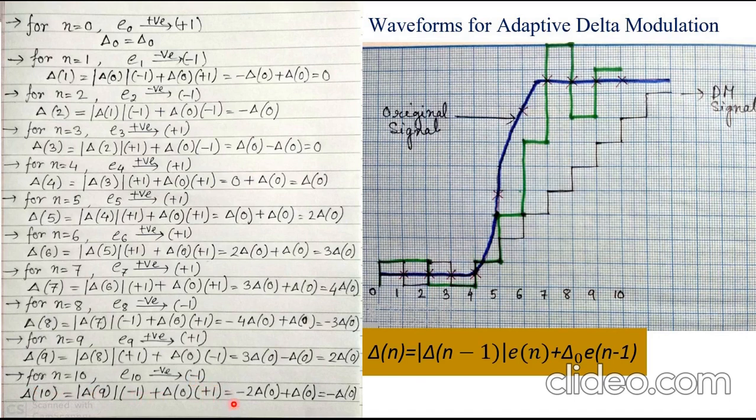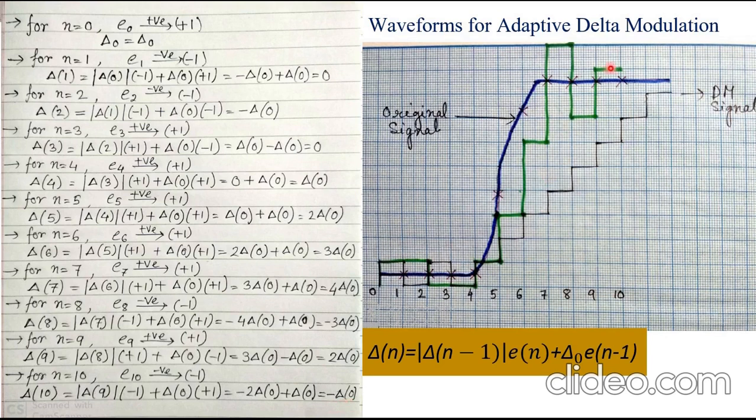The delta 9 value is 2 delta 0. 2 delta 0 into -1 is -2 delta 0, plus delta 0 into 1, that is delta 0. So -2 delta 0 plus delta 0, the result will be minus delta 0.